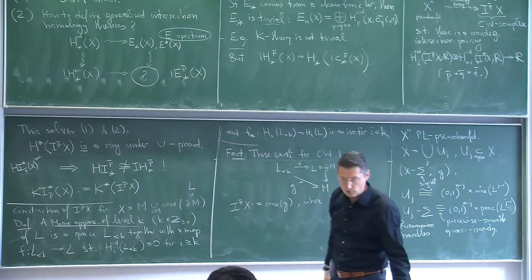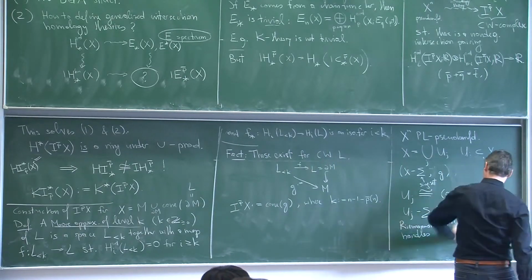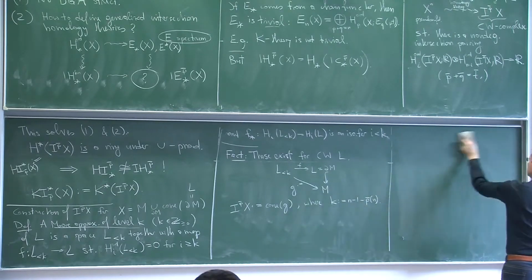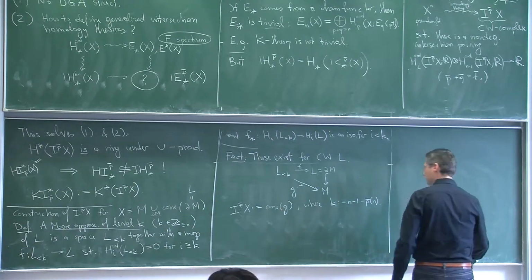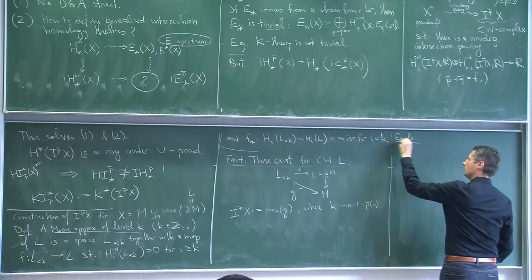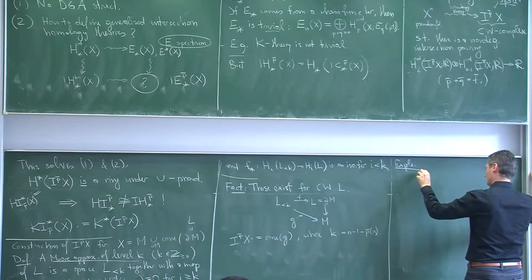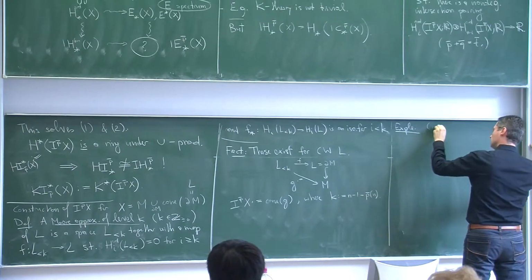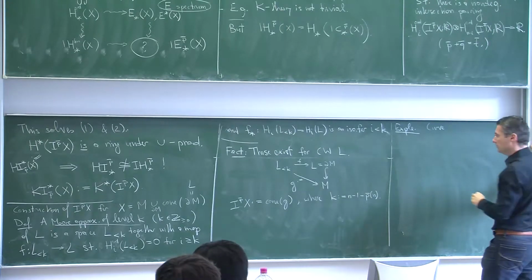Perhaps it's good to do an example here, and we'll do more examples in the problem session. But let me carry out an example to show you how it works. We look at elliptic curves, and then we let them degenerate.